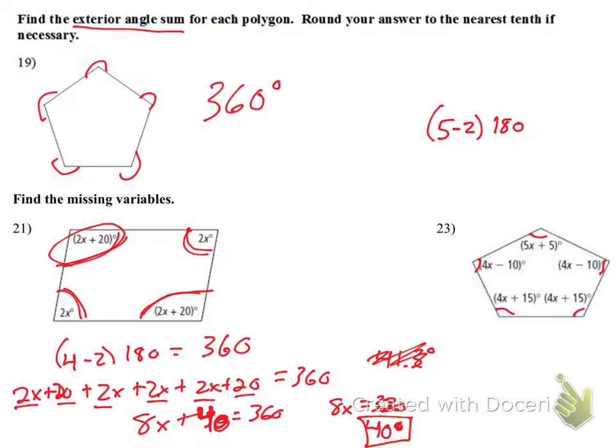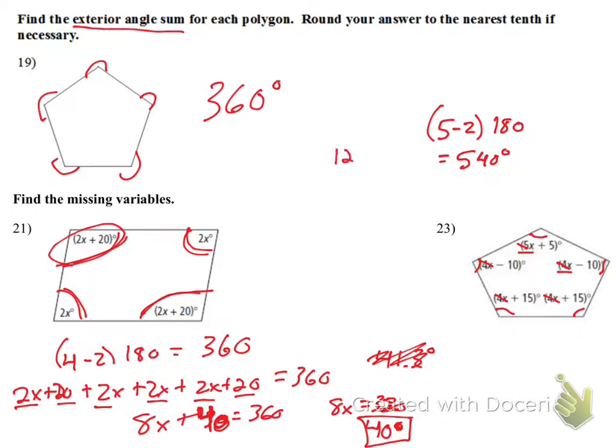So the sum of all of these has to equal 540 degrees. So let's just add them together. So 5x plus 4x is 9x, plus 4x is 13x, plus 4x is 17x, plus 4x is 21x.